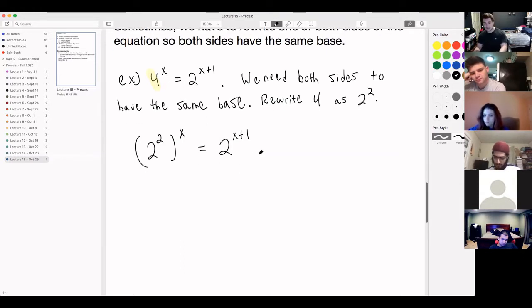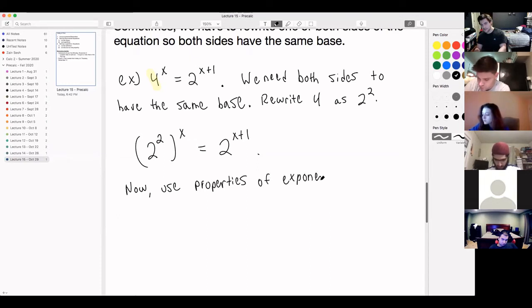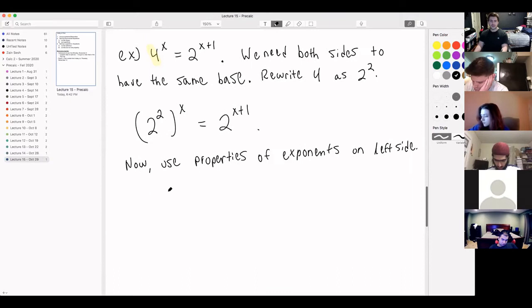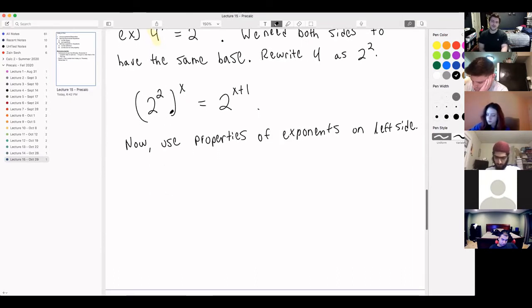Okay, next. Now, use properties of exponents on the left side. So what can I do in this situation? I have an exponent raised to a power. I have a power to a power situation.